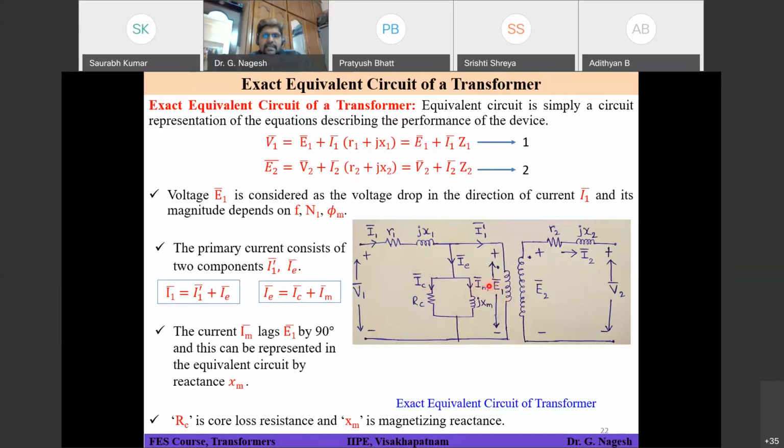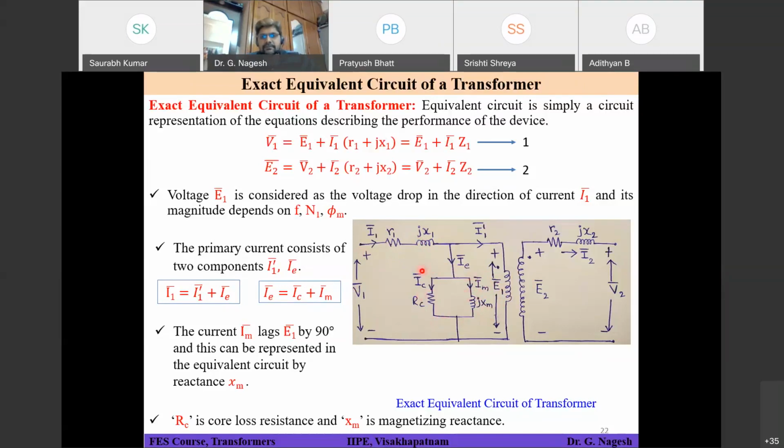So something which is lagging means it should be of inductive nature. So that's why I have represented that current, which is flowing through some element, as inductive in nature. So you have J into XM here. Is it clear? So voltage, resistance drop, reactance drop, excitation current IE, and IE resolved into IC and IM.